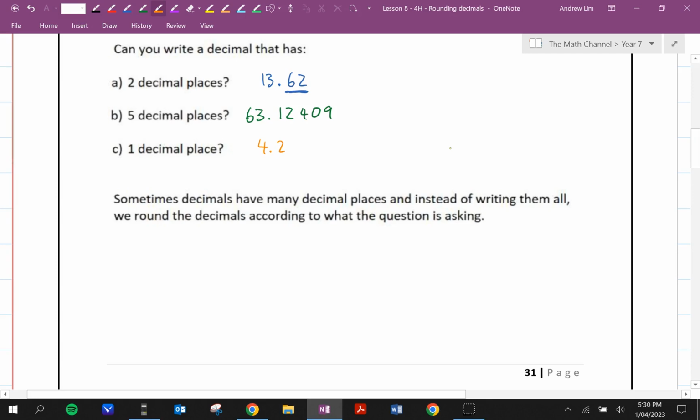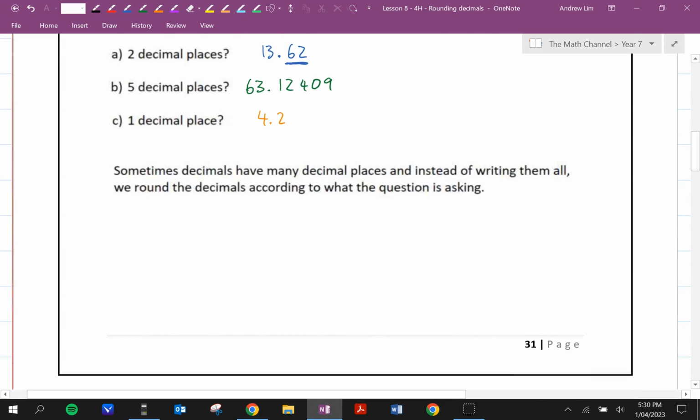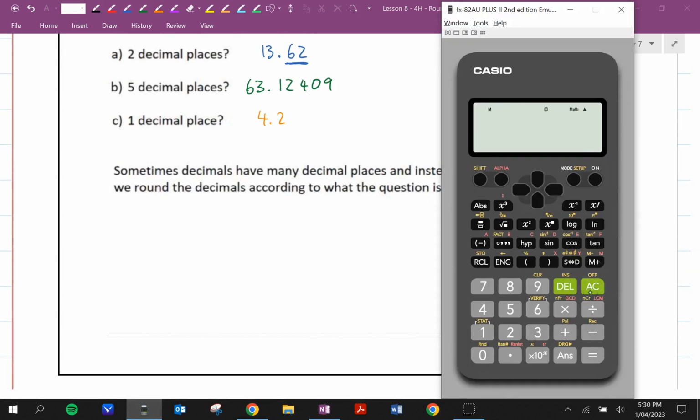Sometimes decimals have many decimal places, and instead of writing them all, we round the decimals according to what the question is asking. So sometimes when we put a calculation in our calculator, for example, if we did 1 divided by 7, it's going to give us a really long answer. In fact, this decimal goes on forever, but because our calculator doesn't have enough space, it just rounds it for us.